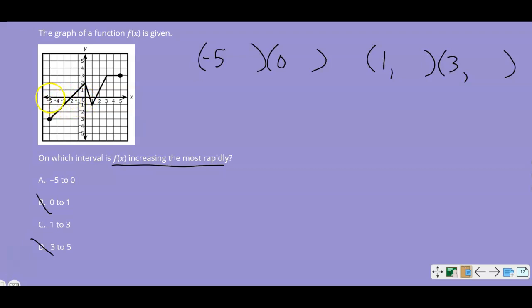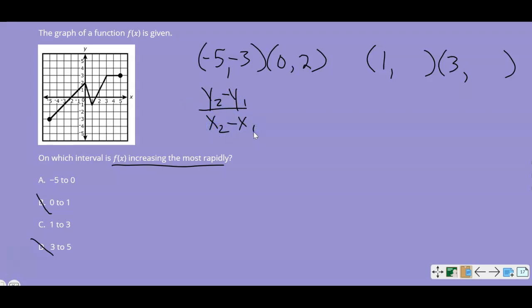So negative 5 is an ordered pair with negative 3. So negative 5, negative 3. And then I have 0, 2 is a point. All right, so if I want to find the average rate of change here, I'm going to do y. Remember our formula, y2 minus y1 over x2 minus x1.